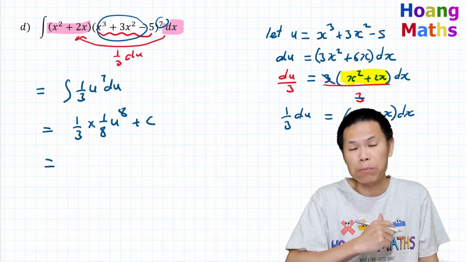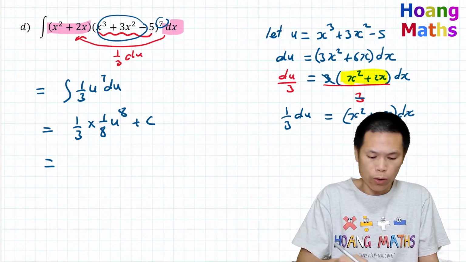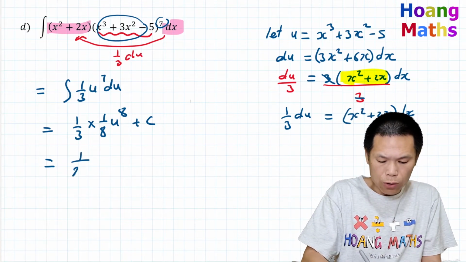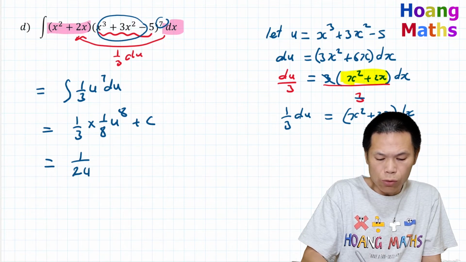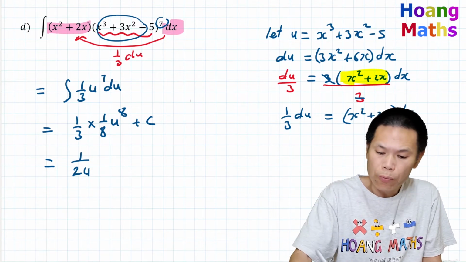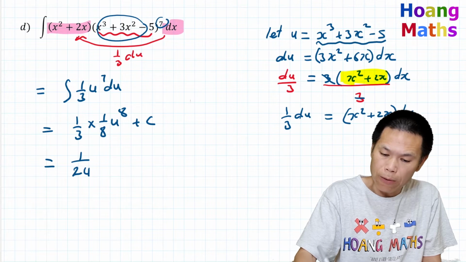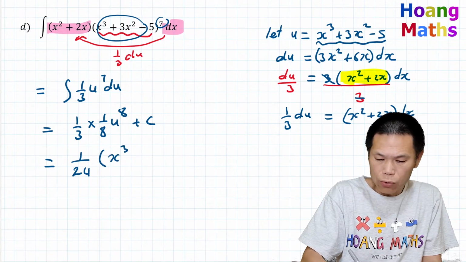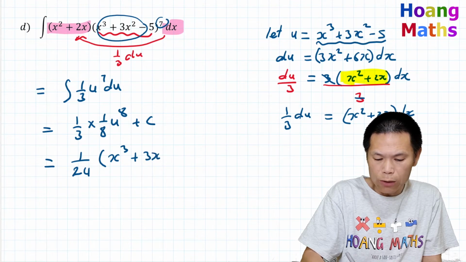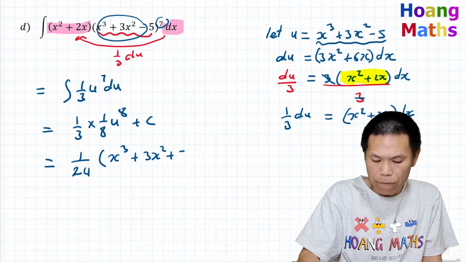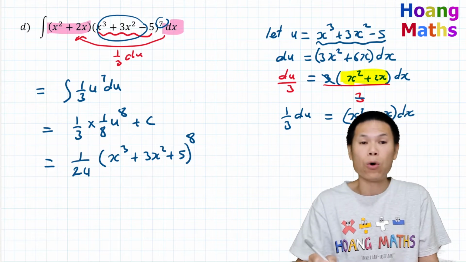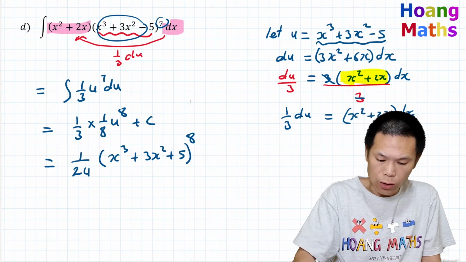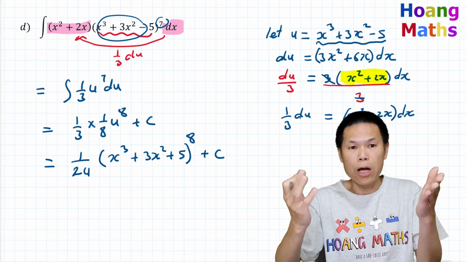A third times 1/8 is 1 over 24, and then u to the power of 8. And we know u is this function here. So that is brackets x to the power 3 plus 3x squared minus 5, to the power of 8, of course. And we need to add a constant. There you go.